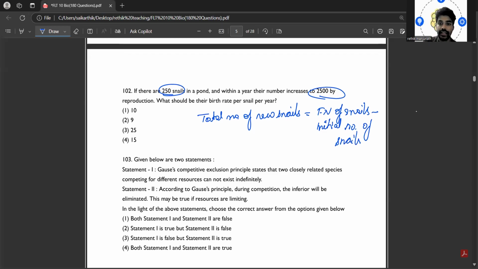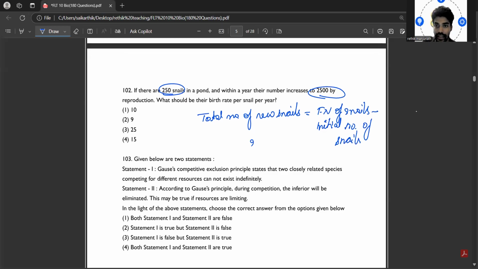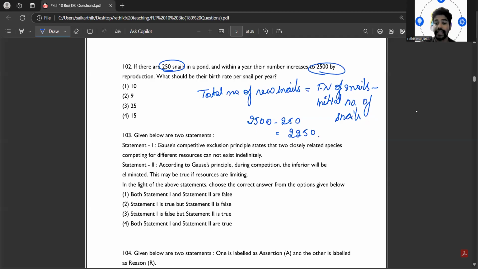That means the final number is 2500 minus the initial number, 250. So what would be the result for the total number of new snails? 2250. Correct.